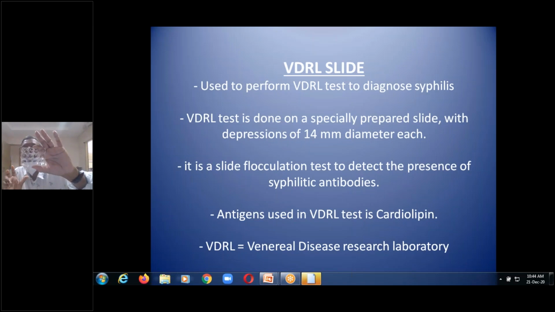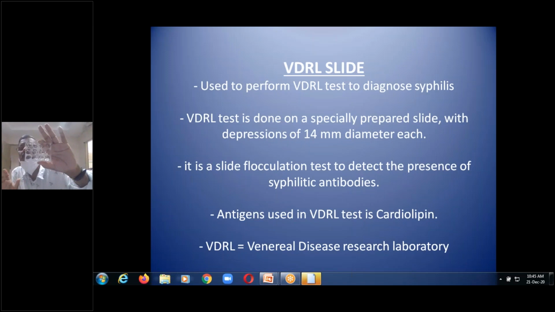Please all of you see and observe the syphilis VDRL slide. It is only for the detection of syphilis antibodies, not for other antibodies. The antigen used in this VDRL test is cardiolipin antigen.